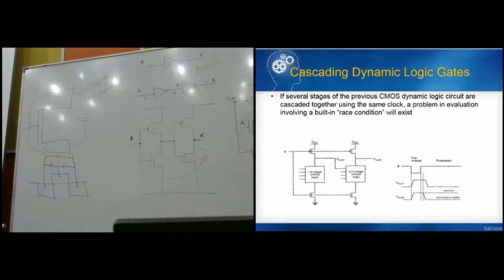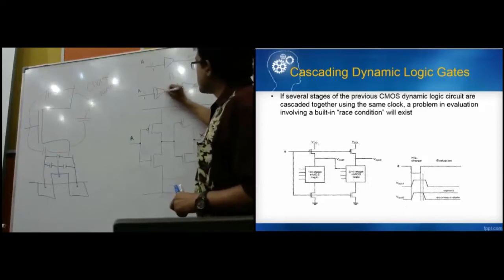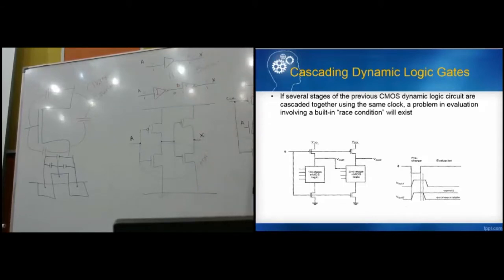Okay. So jika kita tengok di sini, input A akan menghasilkan output B. Output B ni akan masuk ke dalam inverter yang kedua yang akan mengeluarkan output X. So in any condition, dalam keadaan apa juga, selagi yang pertama ni, inverter pertama ni tidak berjalan, inverter kedua tidak boleh jalan, tidak akan menghasilkan apa-apa.